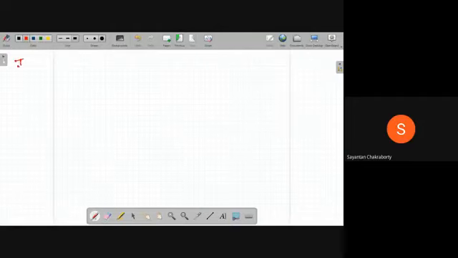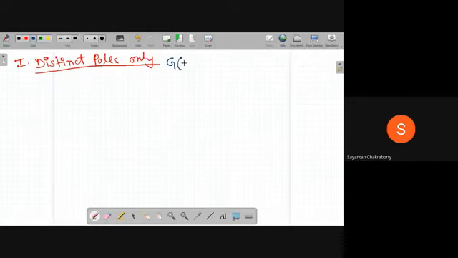Case number 1 is the system equation has distinct poles only. The poles are all distinct. That means, I should not write G(s) right here.